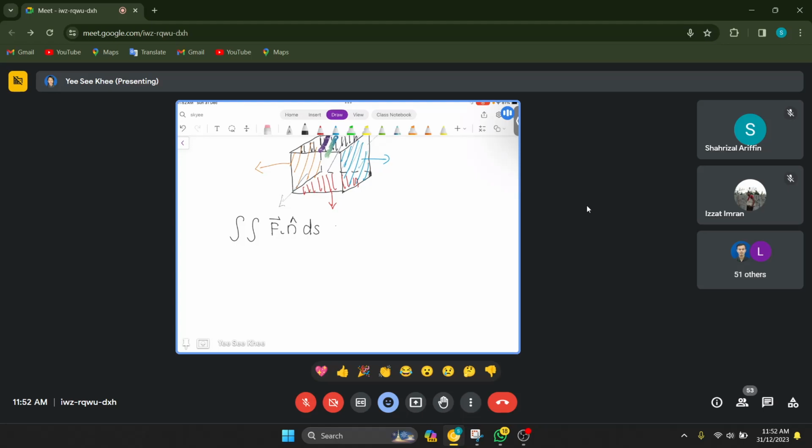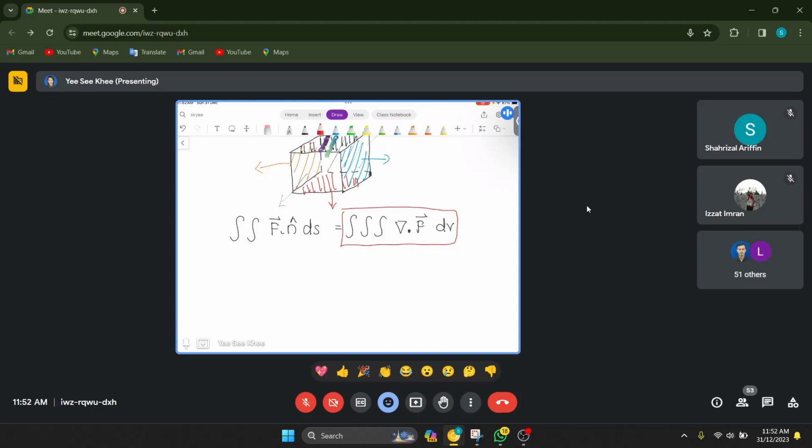We could just use this triple integral, the divergence of F dV, to find out the flux that is coming out from the surface.